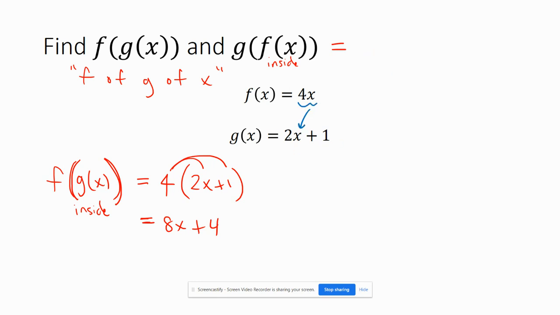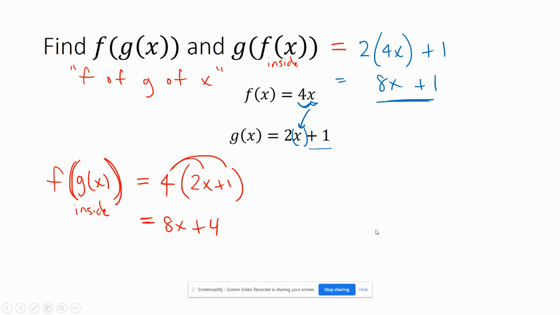So we replace this x with 4x. So this becomes 2 times 4x, and then this plus 1 just comes on at the end. So 2 times 4x is 8x plus 1. This one's a little bit easier. So they're different answers. Notice they're not the same thing. f of g of x is different than g of f of x.